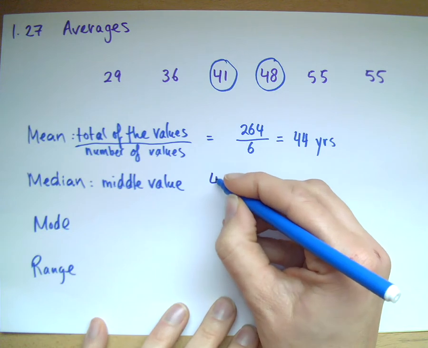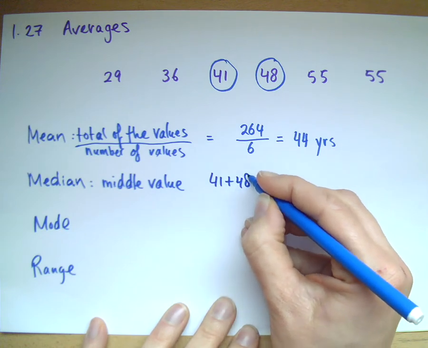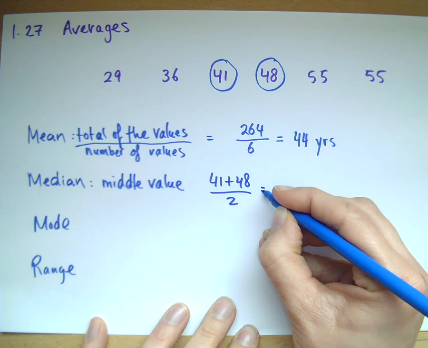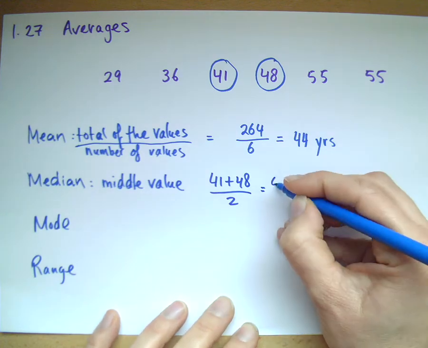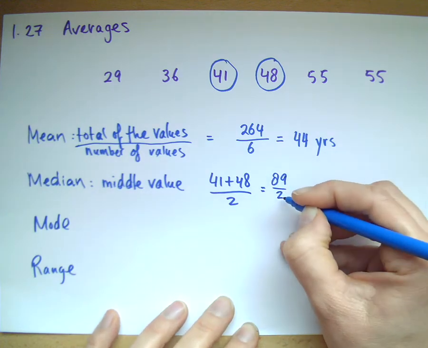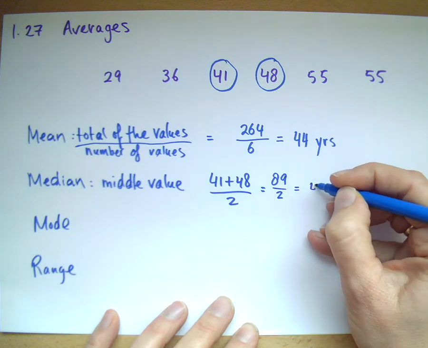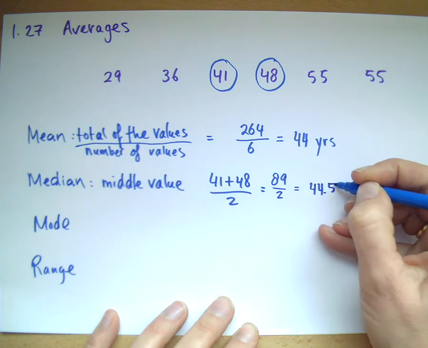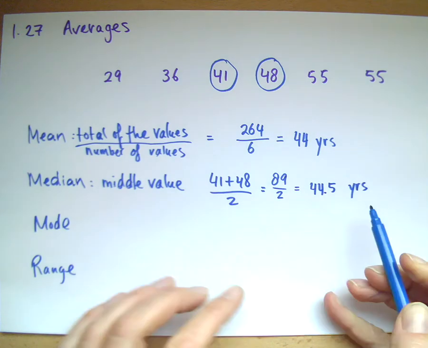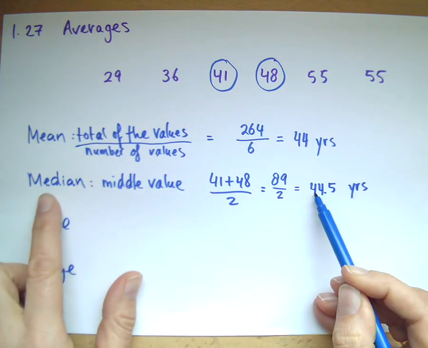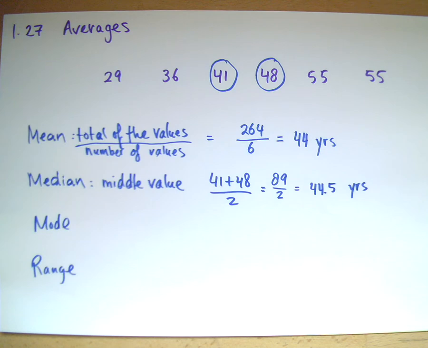So 41 plus 48 divided by 2. That's 89 divided by 2, which equals 44.5 years. So the median age would be 44.5 years.